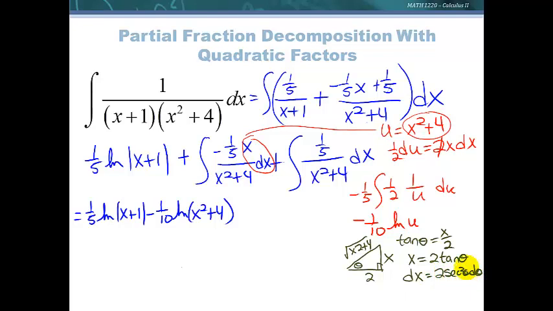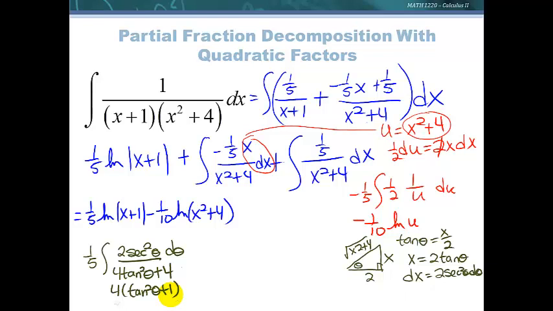I'm going to do this over here on the left hand side. So we're going to put our 1/5 out in front and then integrate here, and our dx is 2 secant squared theta d theta, and then in our denominator we have 4 tangent squared theta plus 4. So this is going to be 4 times tangent squared theta plus 1.